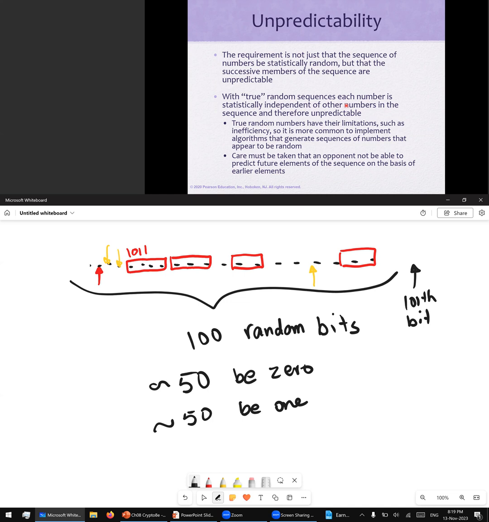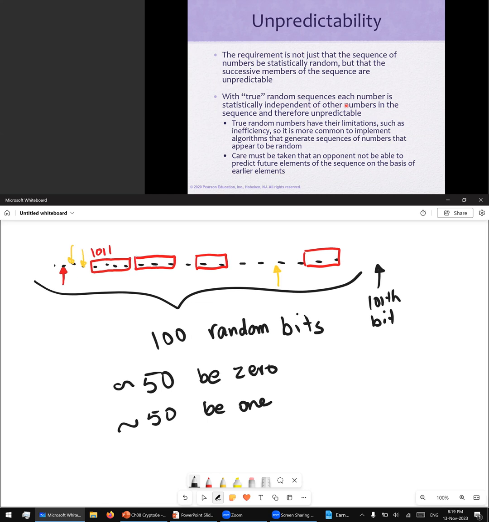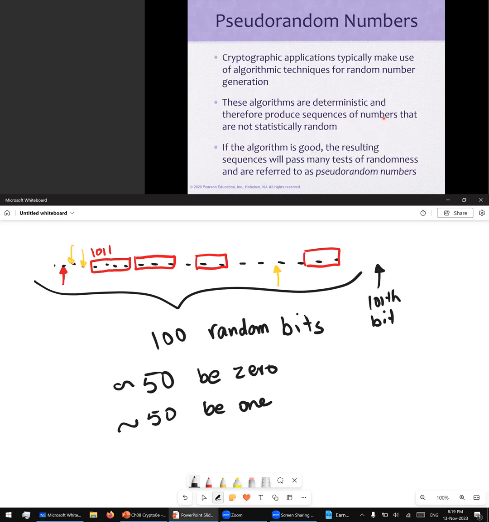Now, that lower standard is called pseudo-random numbers, right? And basically what it means is that they're not truly random. They're generated using deterministic algorithms. And so the output we know is not going to be statistically random.